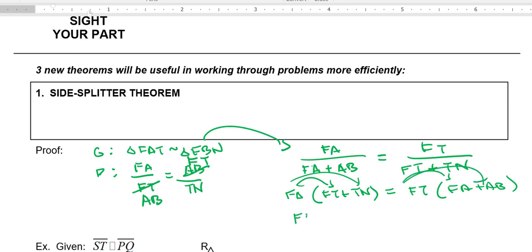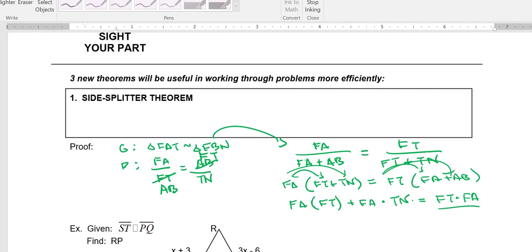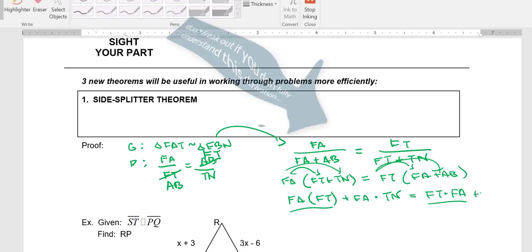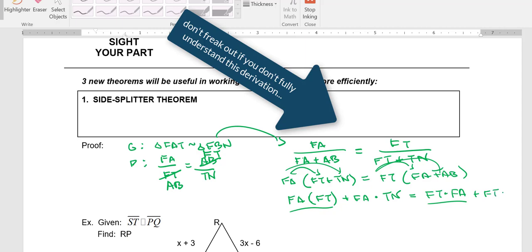So I get FA times FT plus FA times TN equals FT times FA, notice this is the same, plus FT times AB.